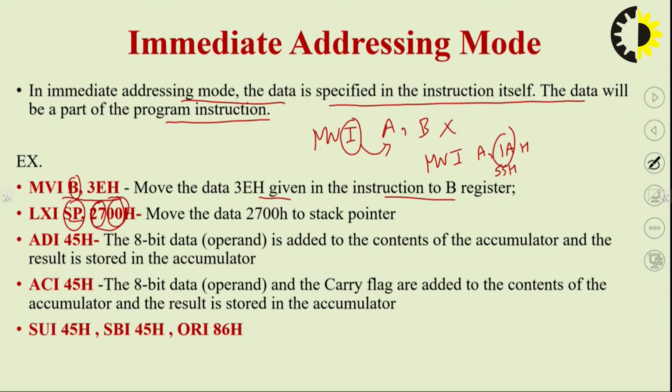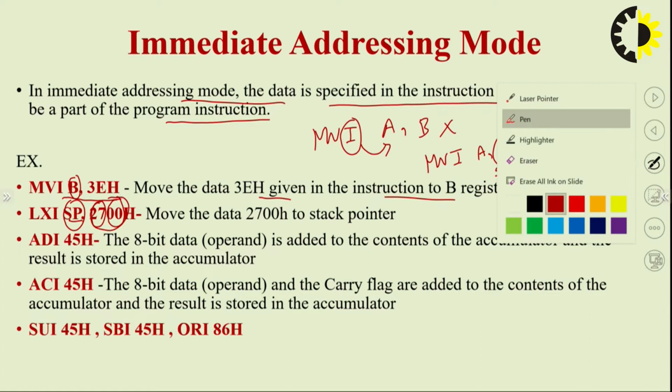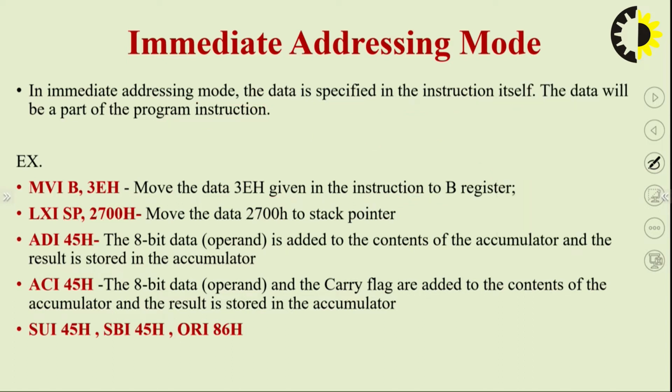So through this instruction, the stack pointer is loaded with the 2700 value. How do we know this is data? Through I. If we remove I, then it will be a memory location. So here the I tells us that this is the value.